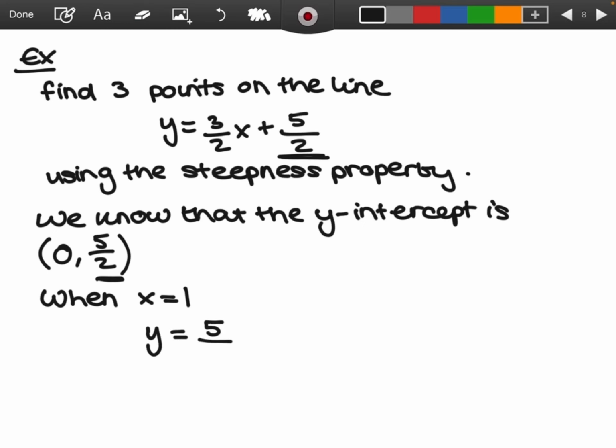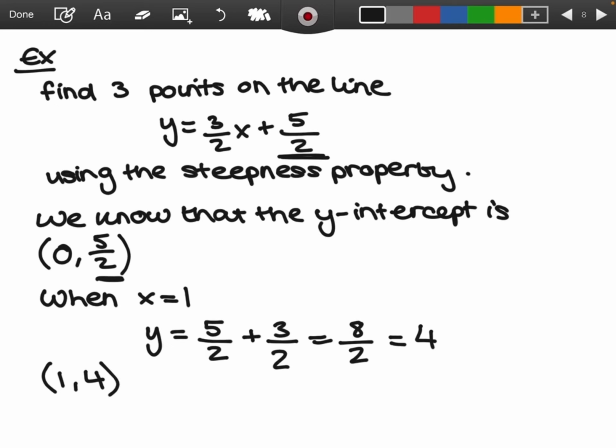So y would be my starting value of 5 over 2 plus my value for m. Because m is positive, I move up by m units. If you add those together, they've got a common denominator, so we can add them easily. It's 8 over 2, and that is 4. So my next coordinate that I know is on the line is (1, 4).